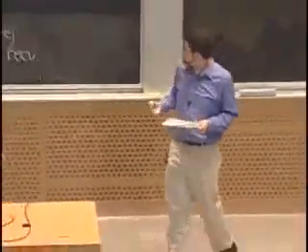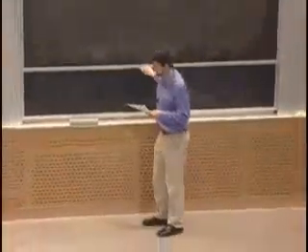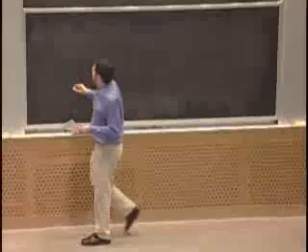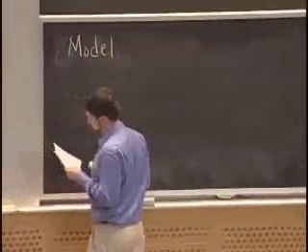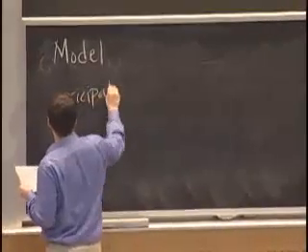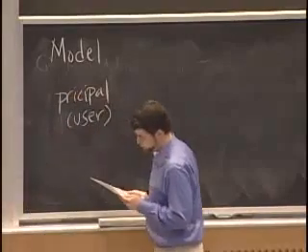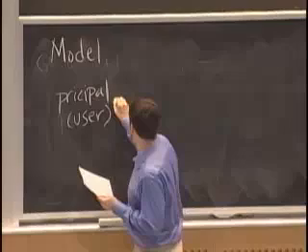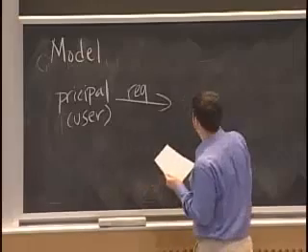All right, so let's look at a simple model of how authentication works. The idea is as follows. We have our principal, for example a user, who is sending a request to some server.